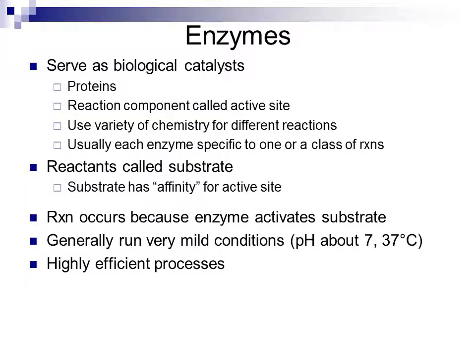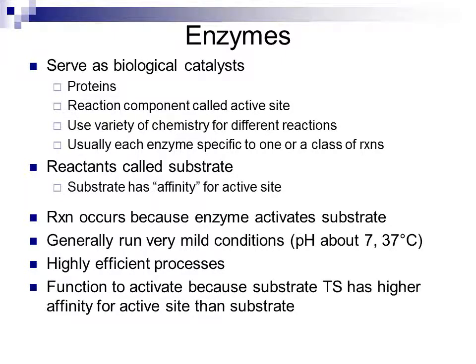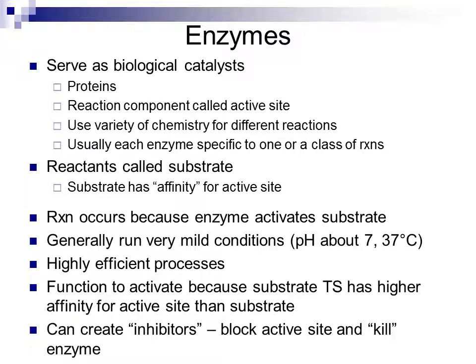They are very highly efficient processes, much more efficient than most of our man-made catalysts are able to accomplish. And they function to activate because the substrate transition state has a higher affinity for the active site than the substrate itself does. So while the substrate is attracted to the active site, the transition state of the reaction is even more attracted to the active site.